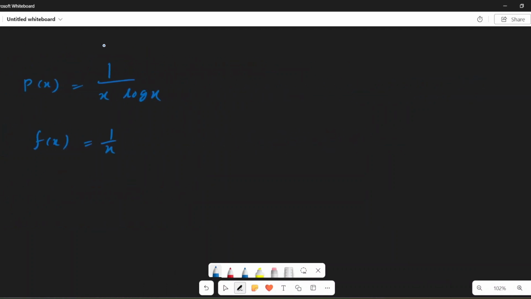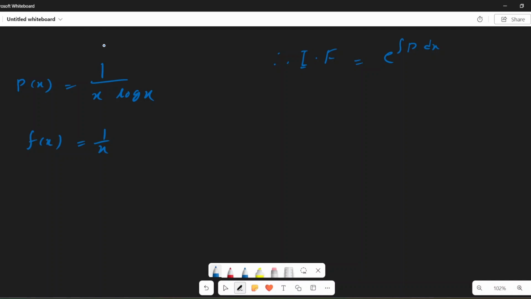Now we have our p(x), so we can find the integrating factor, that is e to the power integration of p dx.